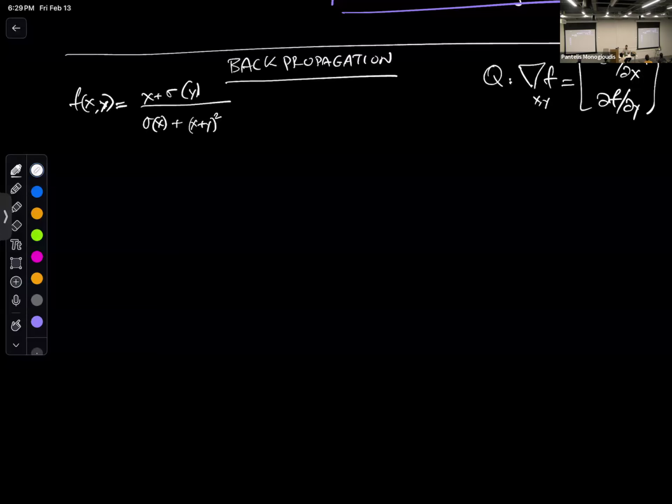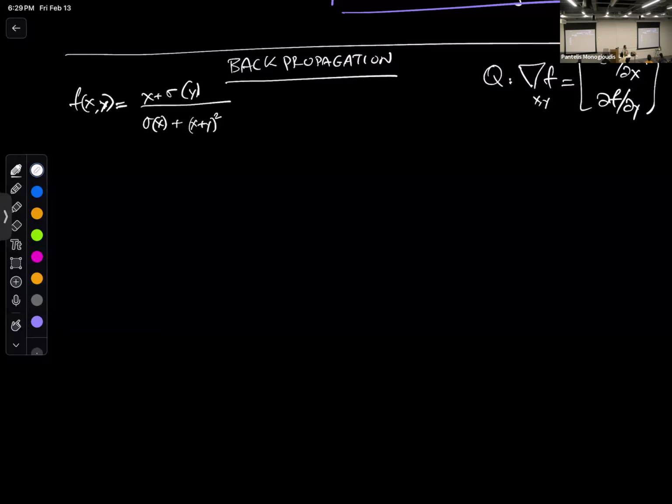Sigma of x is given, but I'm not going to use the equation of sigma of x. I'm just going to treat it as what will end up being called a gate.